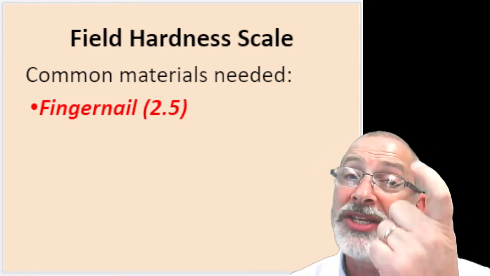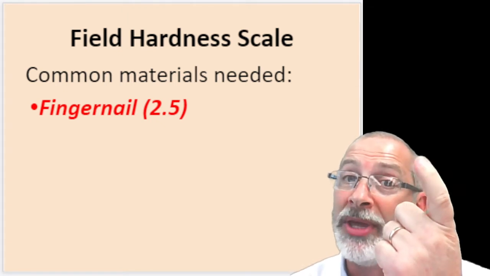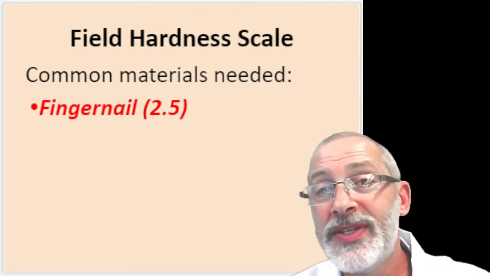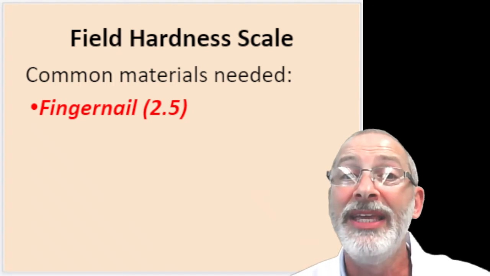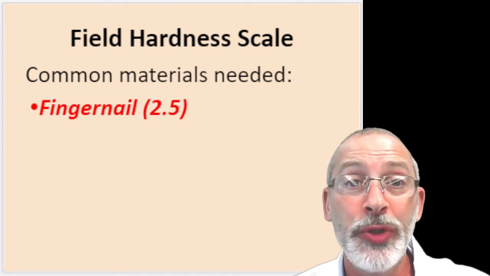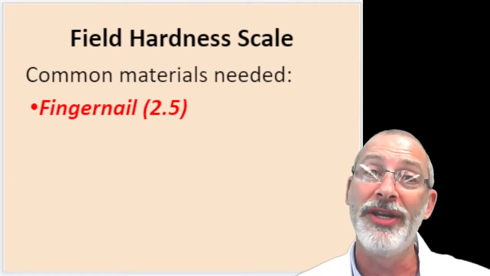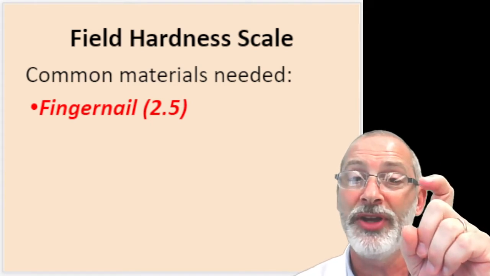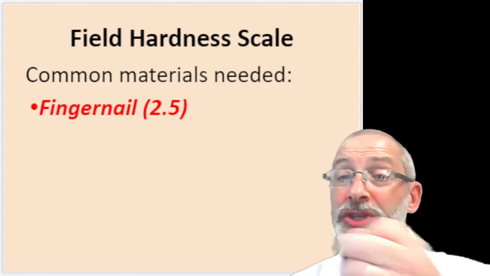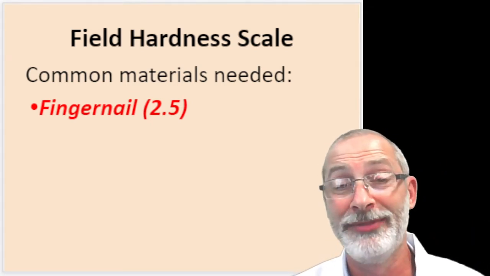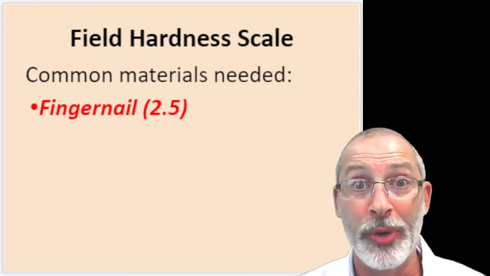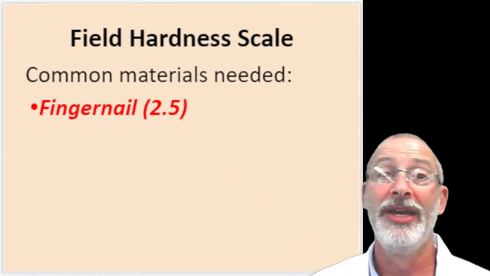So if you can scratch a mineral with your fingernail, that mineral is softer than 2.5. If a mineral scratches your fingernail, you can say it's harder than 2.5, which is still pretty soft on Mohs hardness scale.